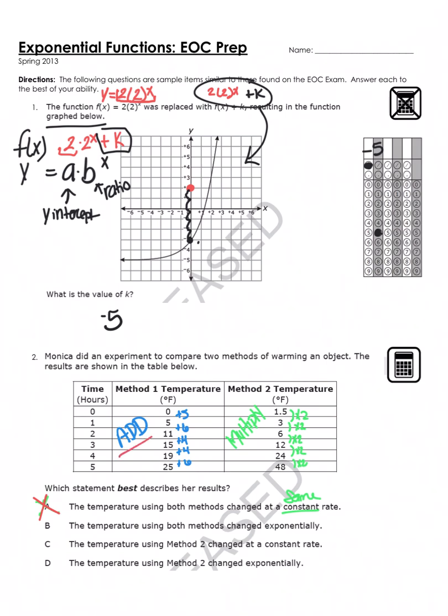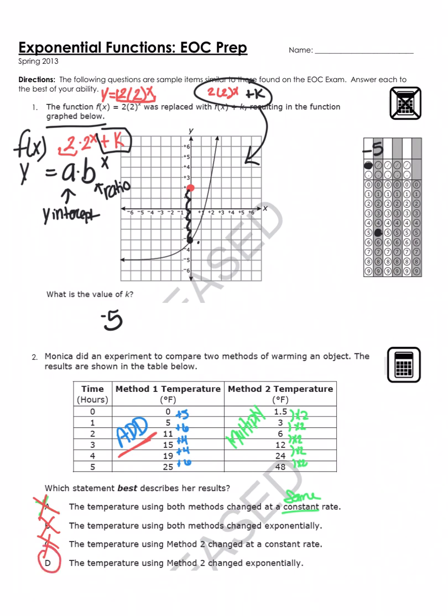Not true, because method number 1 here is adding. The temperature using method 2 changed at a constant rate. Yes, it was constant, but a constant rate means that you're adding the same number. So not true.